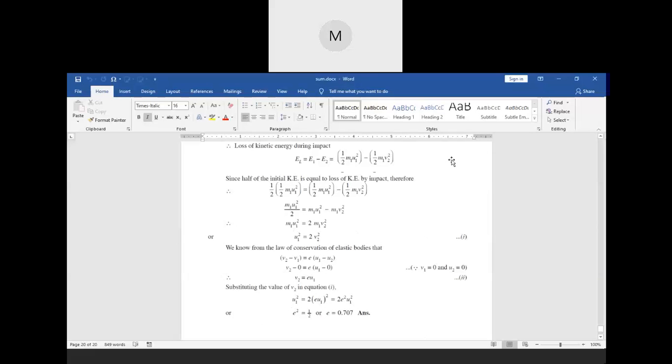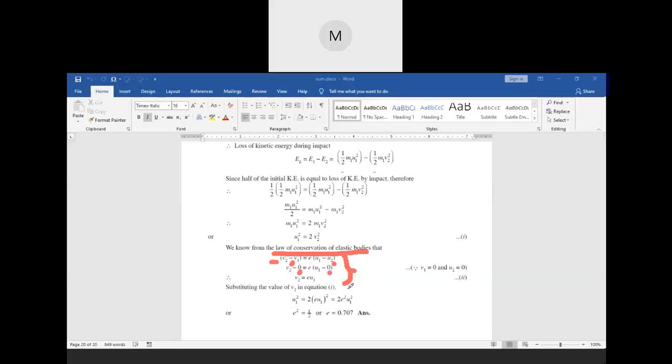So now after that, you found out the relationship between these. Then look, the law of restitution for elastic bodies: the statement is v2 minus v1 equal to e times u1 minus u2. So if this is the statement, then v1 is equal to 0 and u2 is also equal to 0.